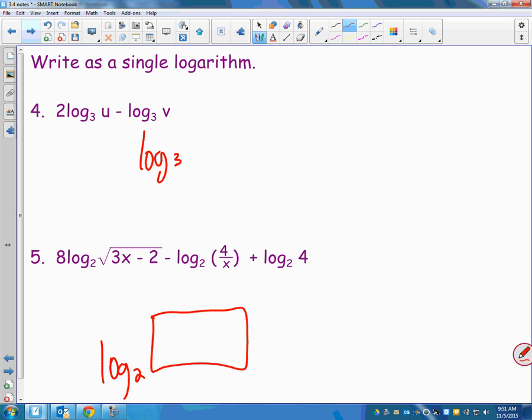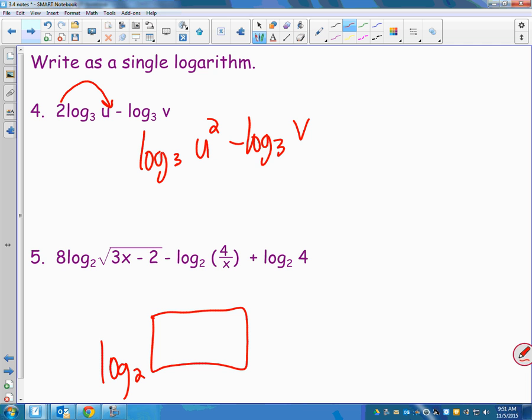So when I do these, especially when I first did them, you don't have to do it all in one step if you don't see it. When I see something in front, I always know that goes back as an exponent. Do that first if it helps you, and then you have to just know the properties. Subtraction goes back as division, addition goes back as multiplication of one log. So when I put this back as an exponent, that becomes log 3 of u squared minus log 3 of v.